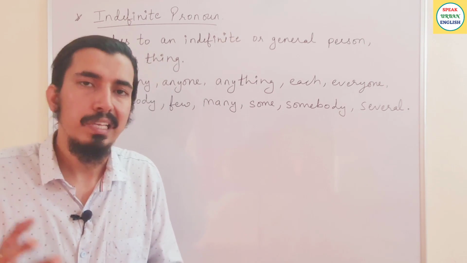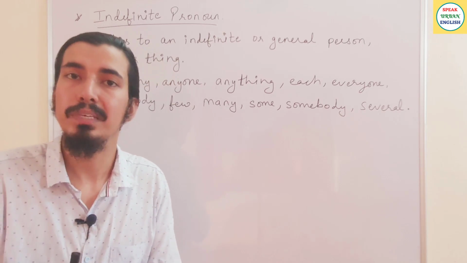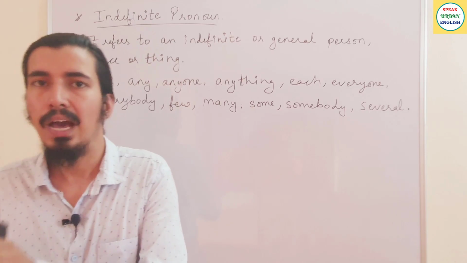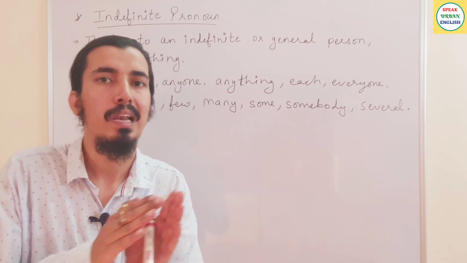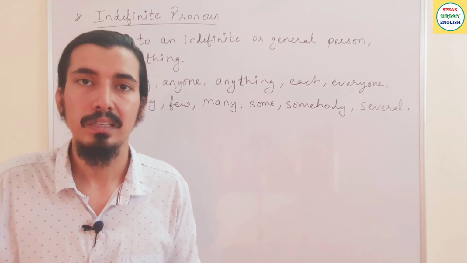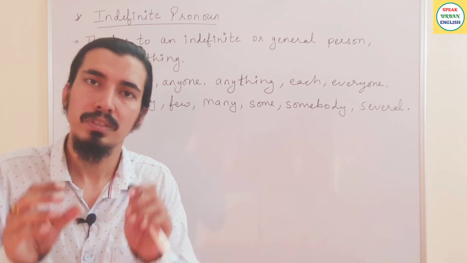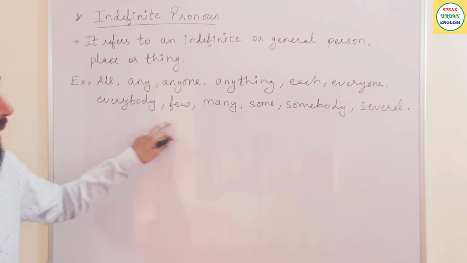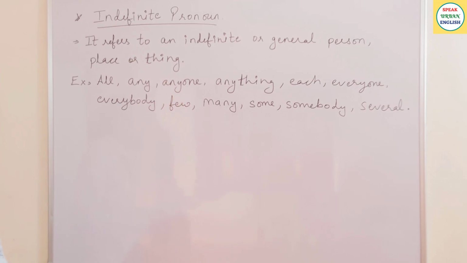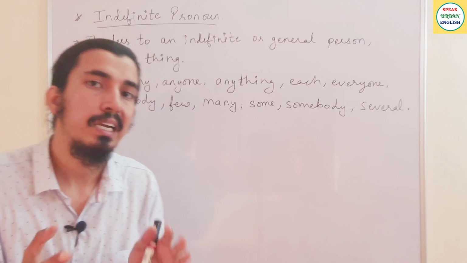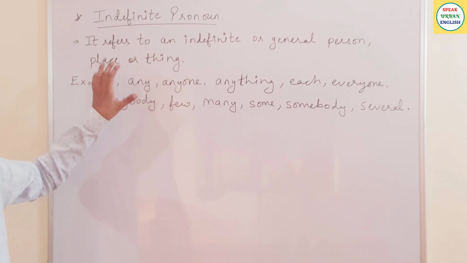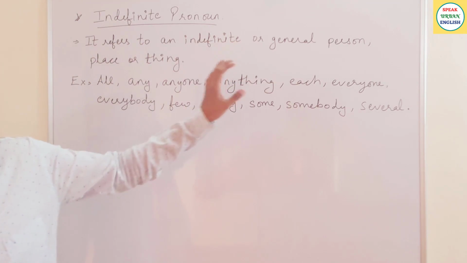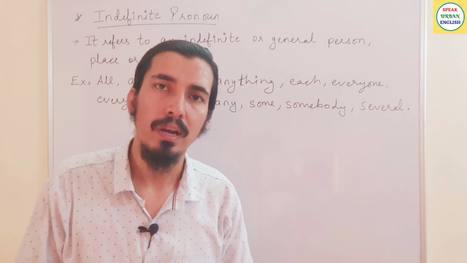Like if there is a dog whose name is Tuffy, instead of saying Priya loves Tuffy, Tom loves Tuffy, I can say both love Tuffy. So both is again an indefinite pronoun. So what's an indefinite pronoun? It refers to an indefinite or general person, place or thing.